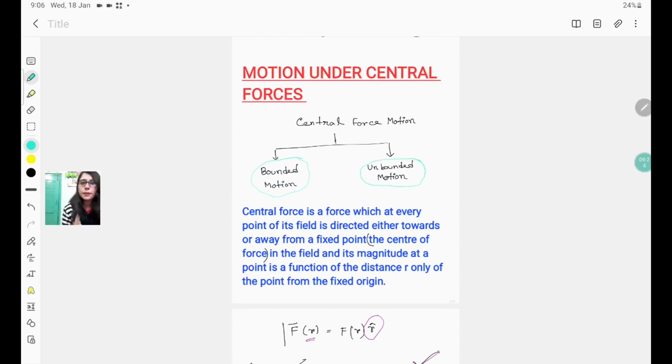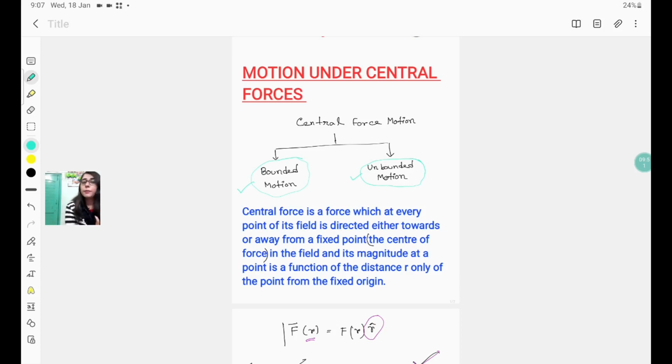So what are the examples of this kind of motions? In the case of bounded motion, we can see planetary motion. The trajectory of the planets of our solar system is an example of bounded motion. And as an example of unbounded motion, we can give the alpha ray scattering experiment, that is, Rutherford's alpha ray scattering experiment.